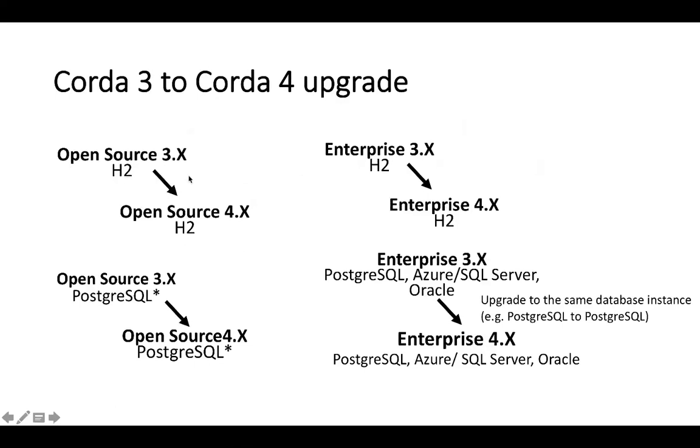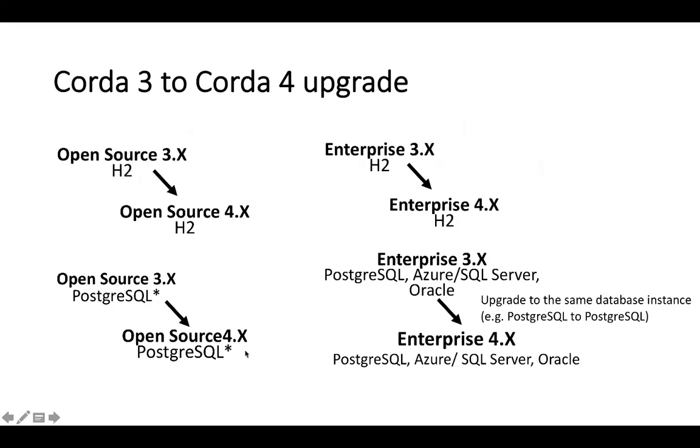about functionalities: any Corda version 3 open source running against H2 can be upgraded to version 4. The same for open source Corda running against PostgreSQL.